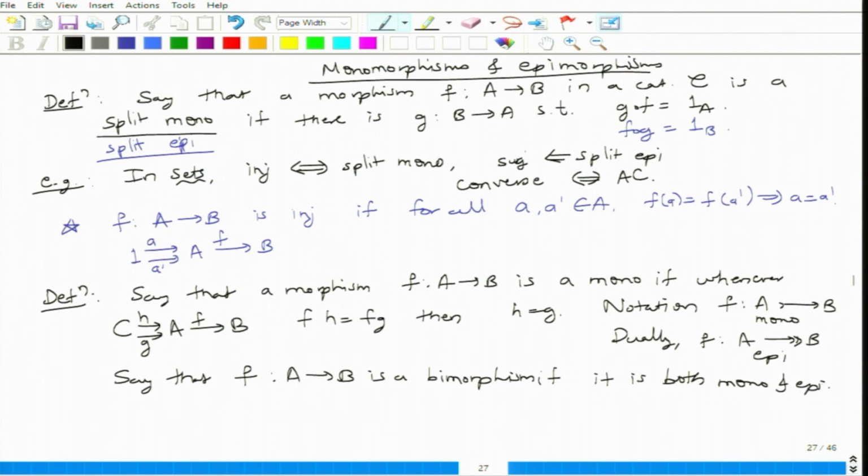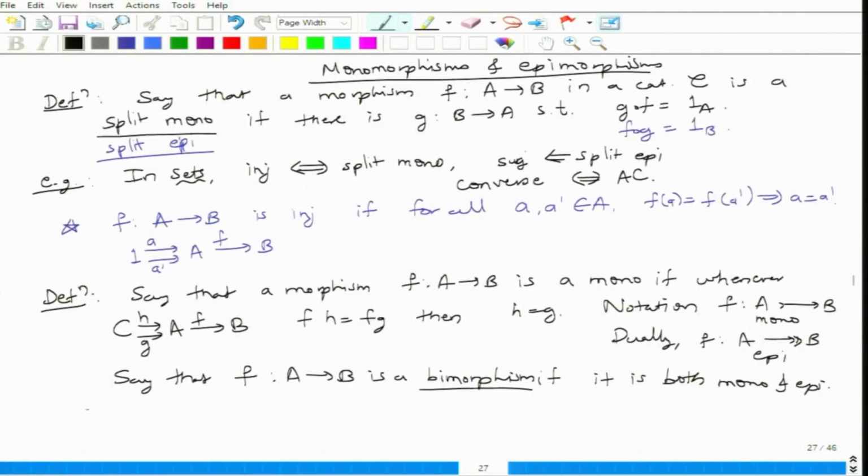Now you might be wondering, why am I mentioning this, mono and epi? Shouldn't it directly give you isomorphism? Because that's what our intuition says. Injective plus surjective is bijection, and bijective means iso. But not every time is a bijection an isomorphism.